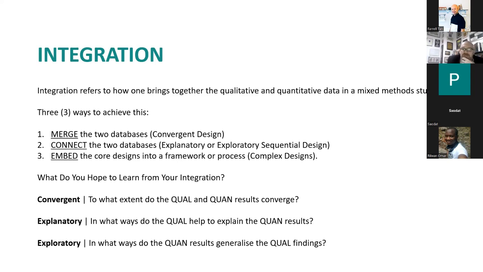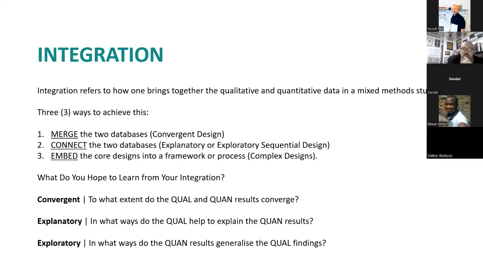If we look at an explanatory approach, in what ways does qualitative help to explain quantitative results? So how do we take a set of quantitative results, go deeper with a qualitative narrative, and use those narratives to explain and justify or emphasize the results that we got from our earlier quantitative? And the final one, exploratory.